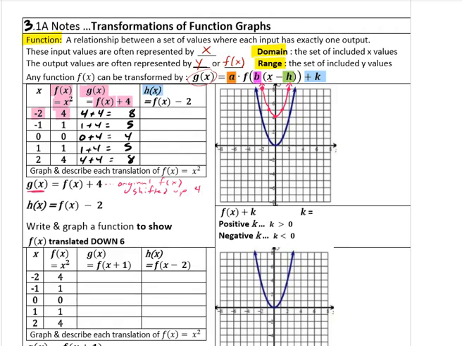h of x was my original f of x, but now it's going to be minus 2. So I would get 4 minus 2 is 2. 1 minus 2 is a negative 1. 0 minus 2 is a negative 2. 1 minus 2.